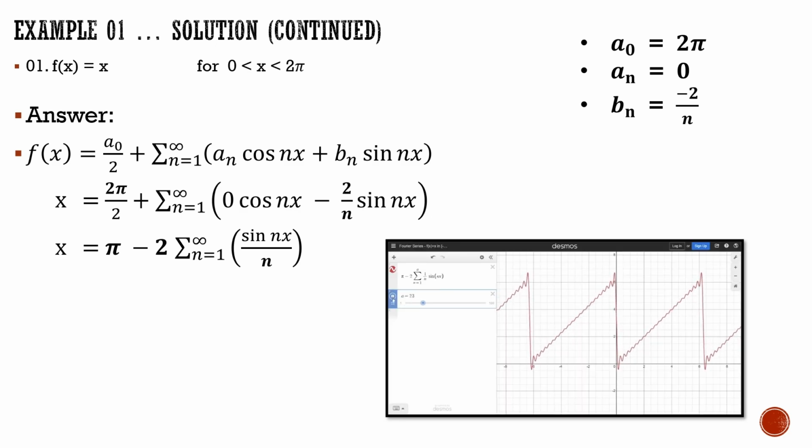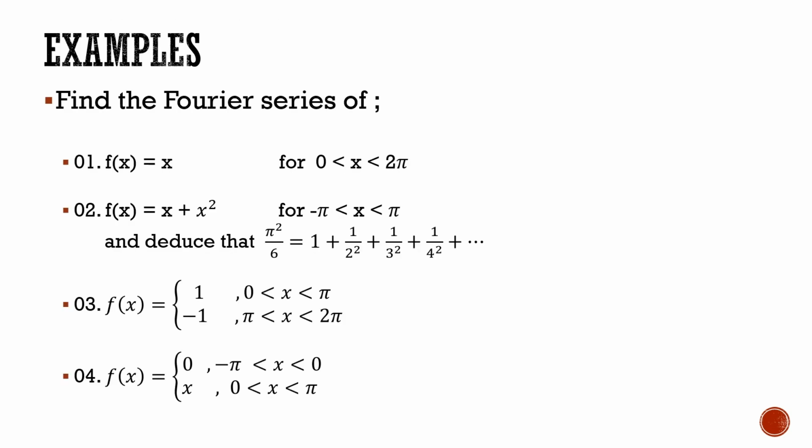And this is the animation for example number 1, which is the Fourier series of f(x) equals x. Now example number 1 is done.